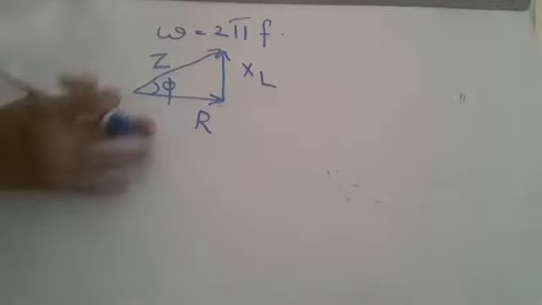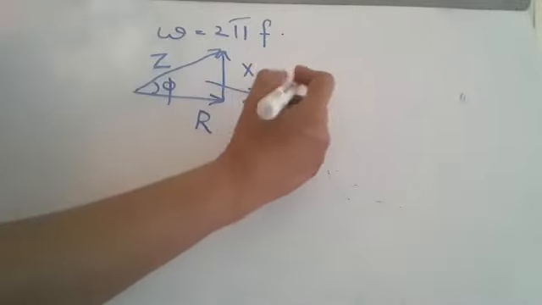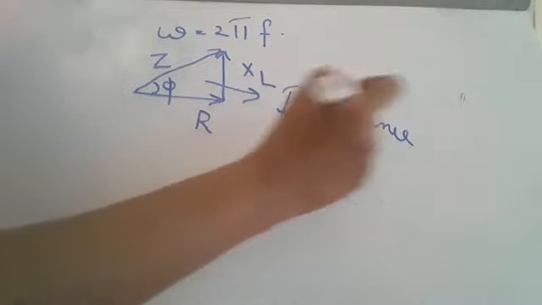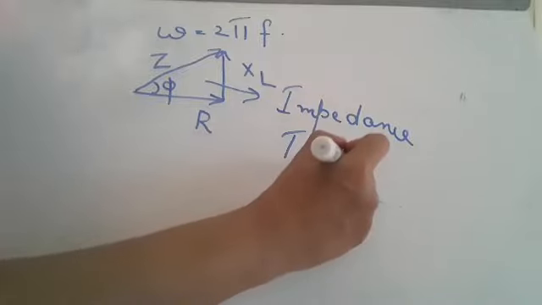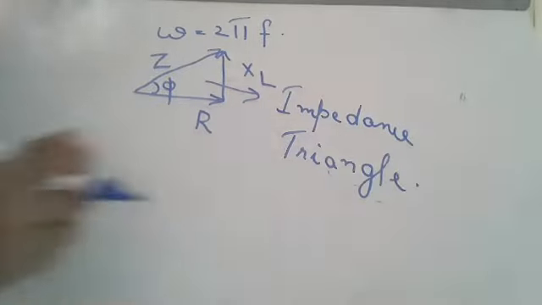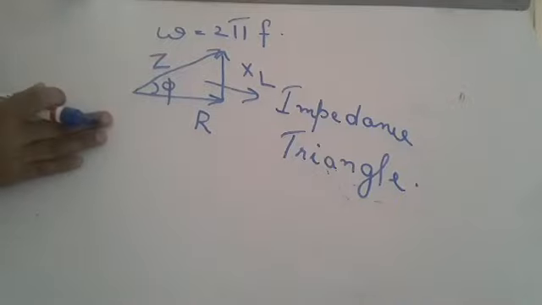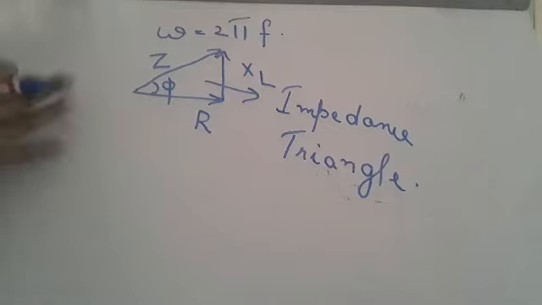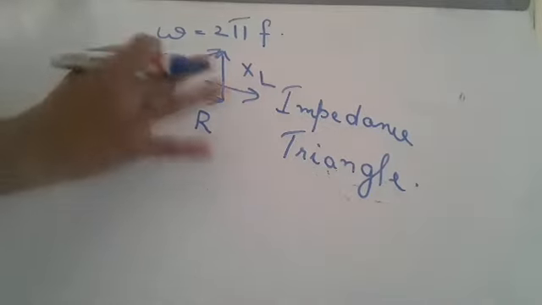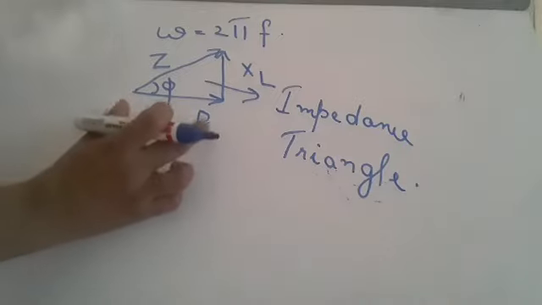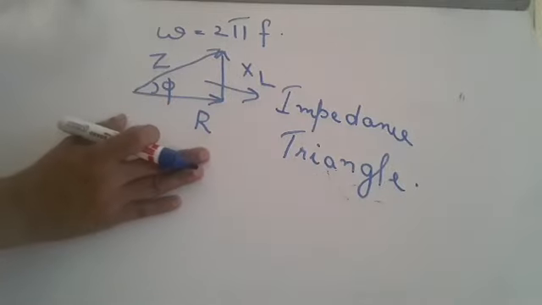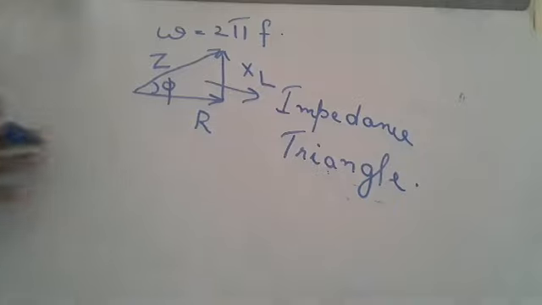This triangle is known as the impedance triangle, whereas the triangle which is formed with the voltages VR, VL and total voltage is known as the voltage triangle. This is the impedance triangle because R, XL and Z have the unit of ohms.